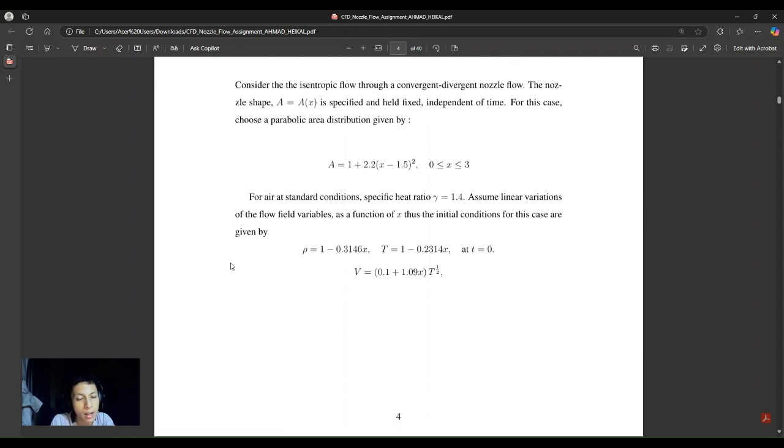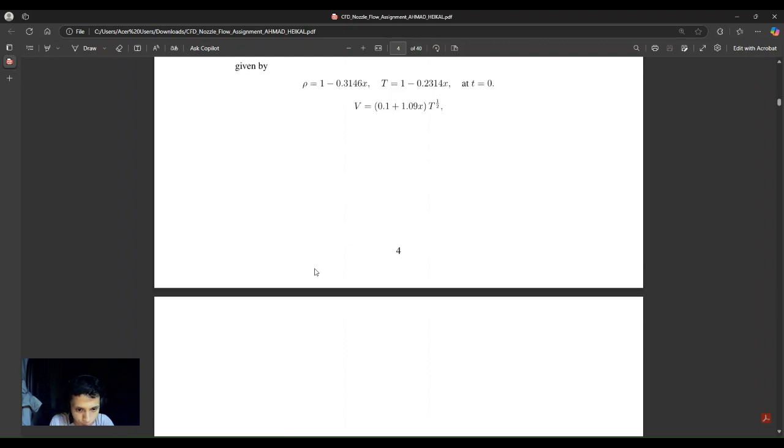And for air at standard conditions, the specific heat ratio gamma is 1.4. And these are some of the functions of the flow field variables that will be used in calculating the initial conditions to be computed for the next time steps in the MacCormack technique.